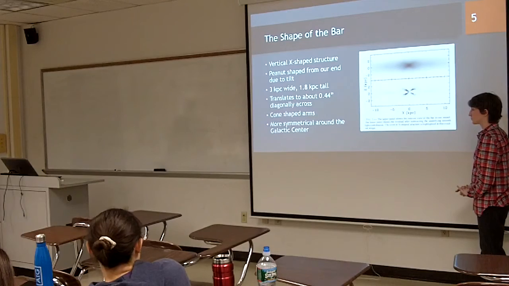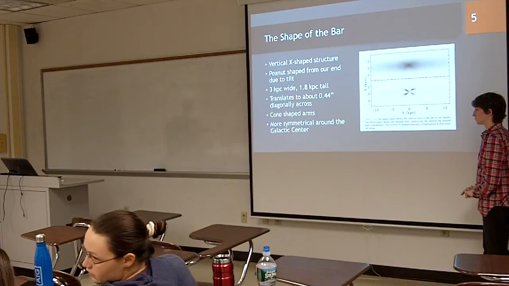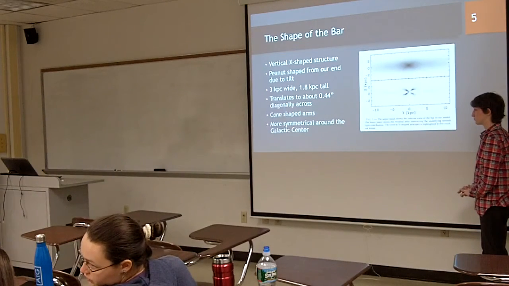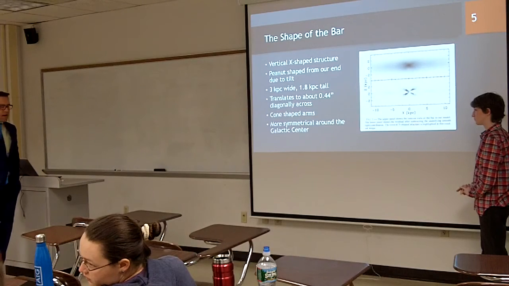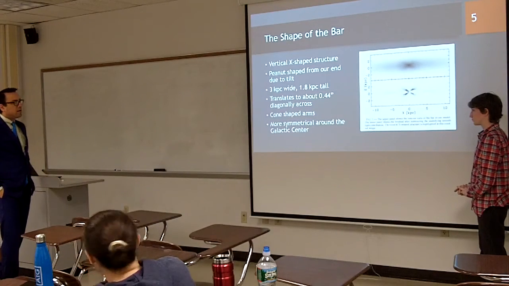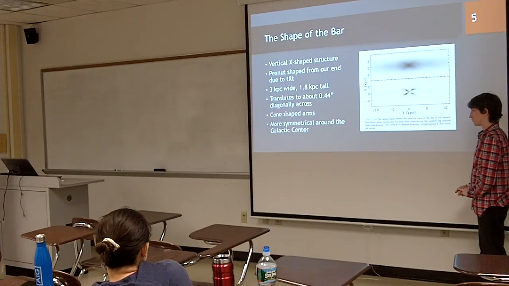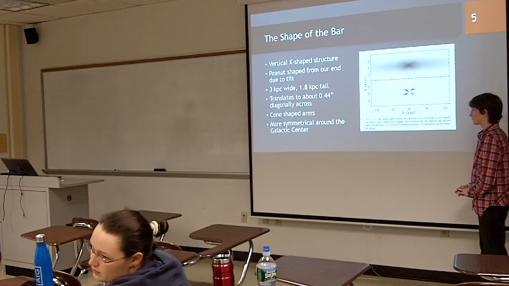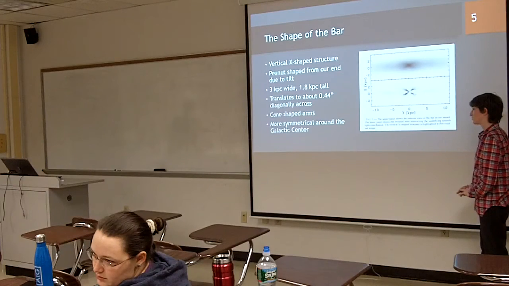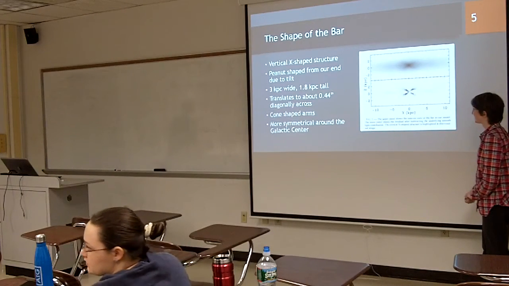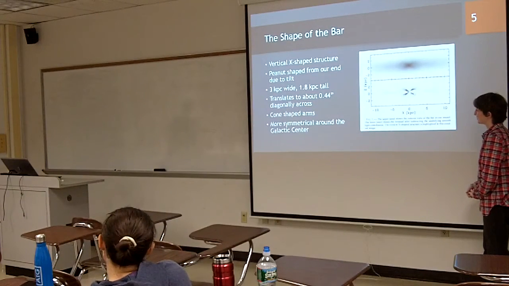Yeah. So that's 3,000 parsecs, and a parsec is 25 arcseconds at the galactic center. So it's 25 times 3,000 arcseconds. Then yes, the number would be wrong. The decimal place.